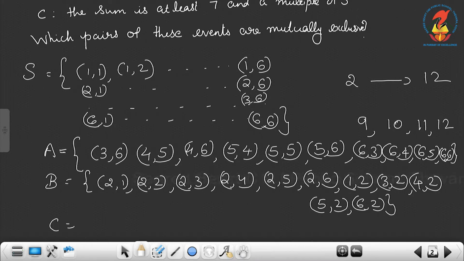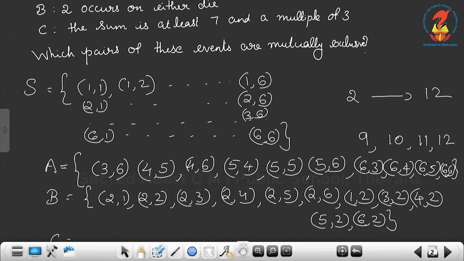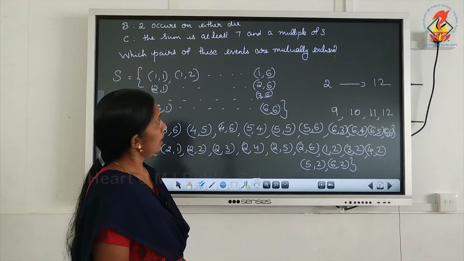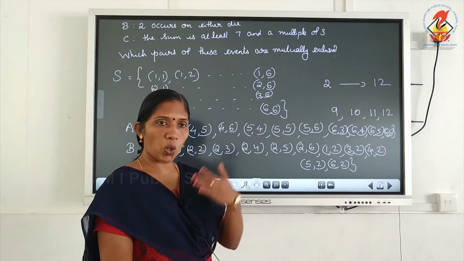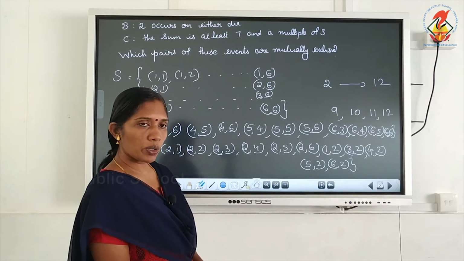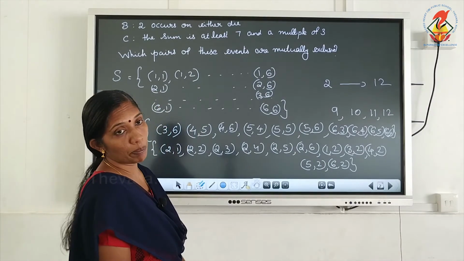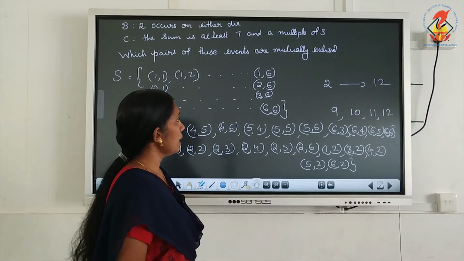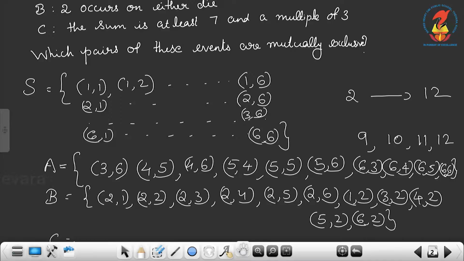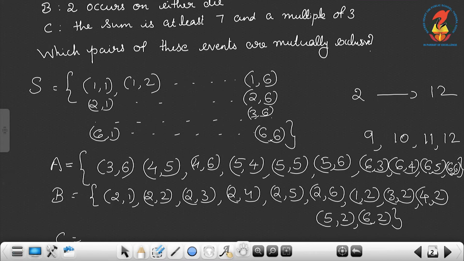Now C. C means the sum is at least 7 and a multiple of 3. At least 7 means 7 or more, and at the same time multiple of 3. So we have to take the sum is 7 or more than that, isn't it? So 7, 8, 9, 10, 11, 12. These we can take, but multiple of 3 means only 9 and 12.